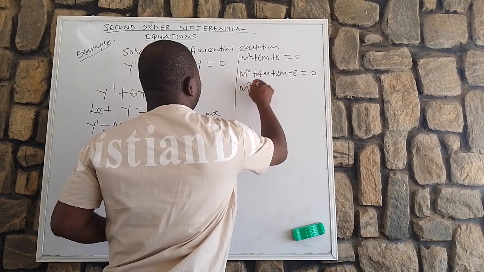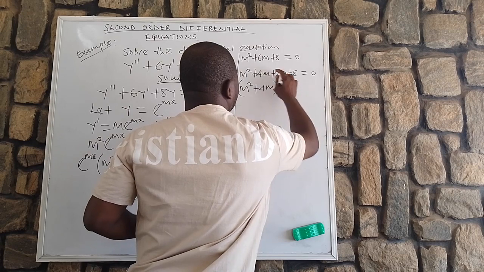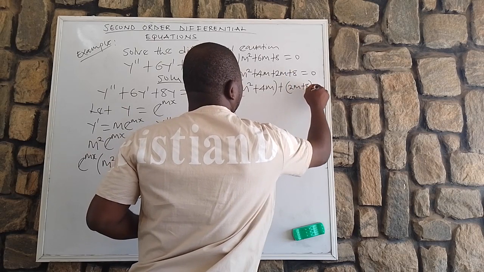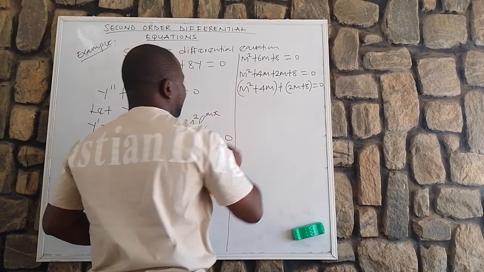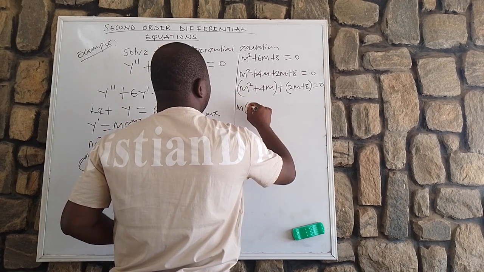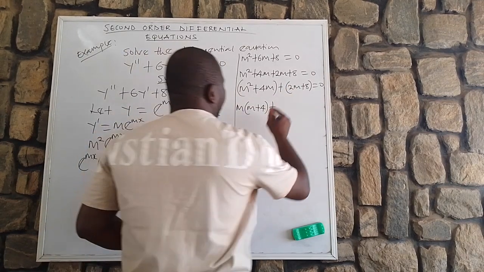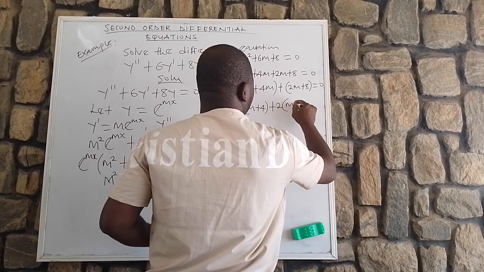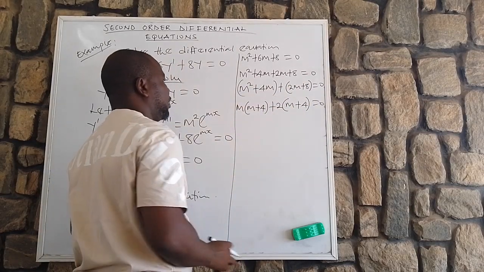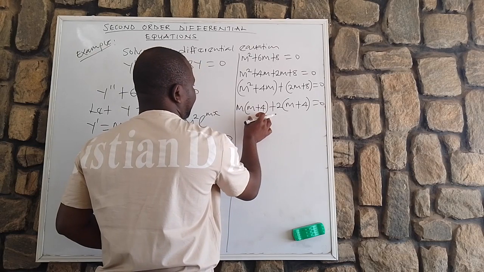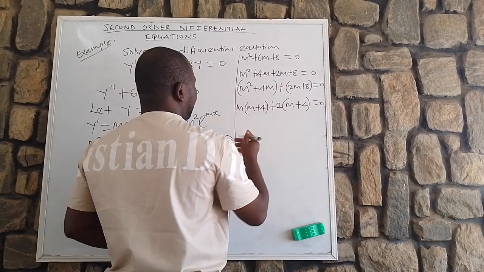Then we can easily bracket them: m squared plus 4m, plus 2m plus 8, equals 0. Factor out what is common: m is common in the first, m open bracket m plus 4, plus 2 is common in the second, 2 open bracket m plus 4. The brackets are the same, so they form one bracket.